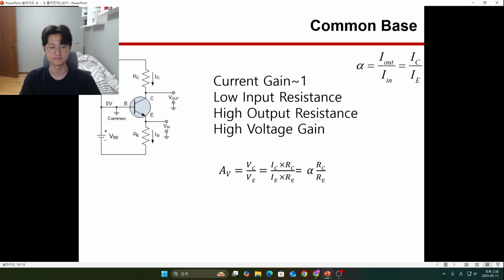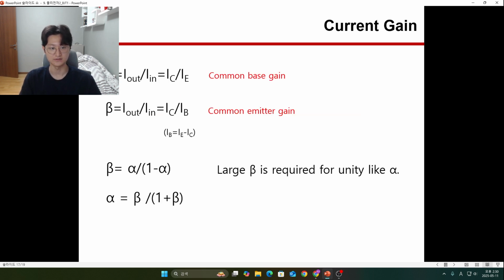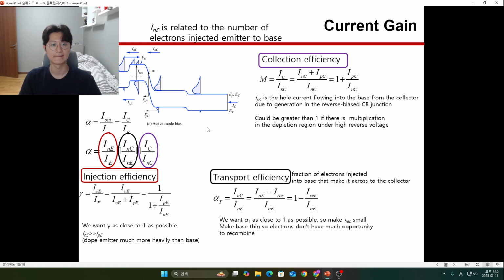This is the same thing, and we can think about the energy band diagram of BJT, and we separate the current parts: the emitter part, the collector current over the emitter current, and the collector current and electrons.